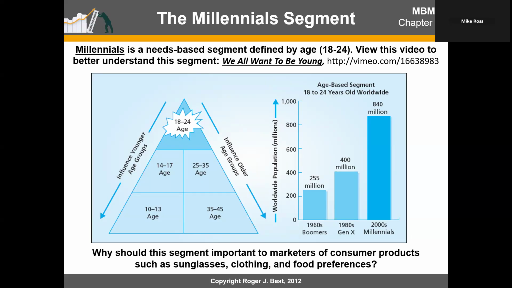And at the time, it was defined by people that were at that time ages 18 to 24. Now in 2025, students, people that are in that age group are called Gen Z. And so some of you may be part of Generation Z.